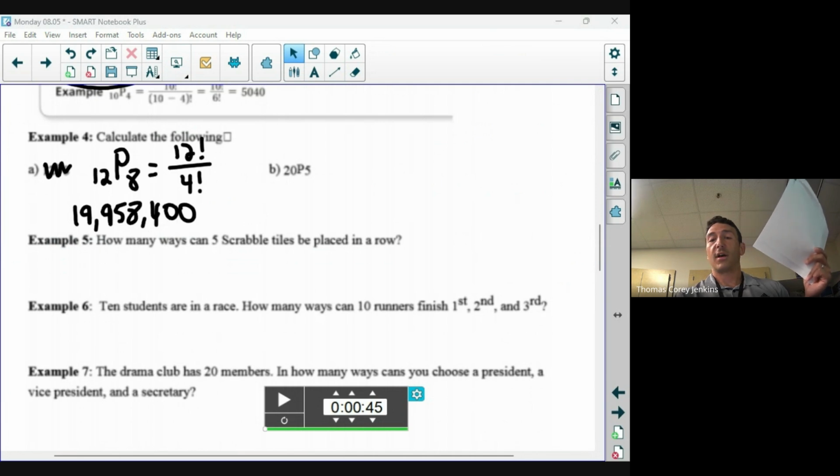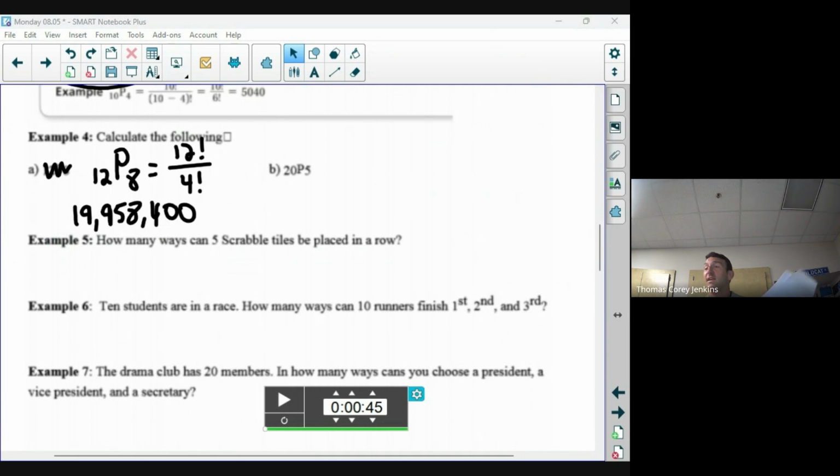Then you can type in your numbers. So 12 there, 8. Whoops, I messed that up. Sorry about that. Let's try that one more time. So NPR, so option 2, 12 there, 8 there. There's that number. Okay.